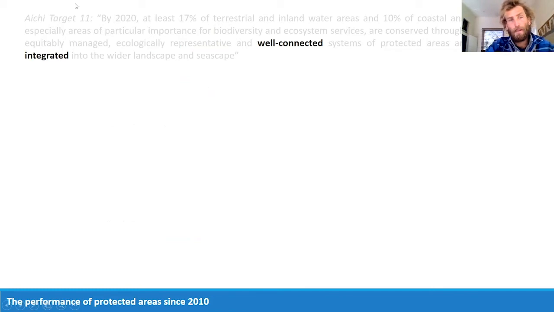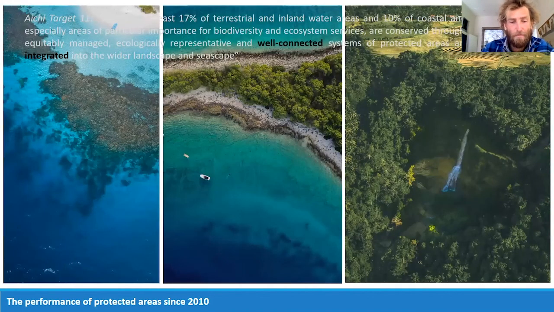And now the next part of the target, whether or not protected area estates are well connected. We know that connected ecosystems are critical for maintaining important ecological and evolutionary processes. This includes species migration, gene flow, especially when faced with rapid climatic and environmental change.